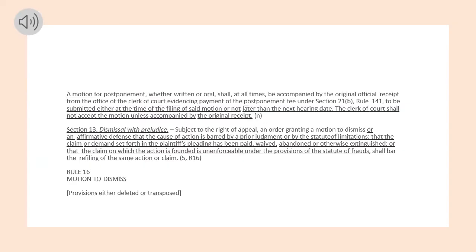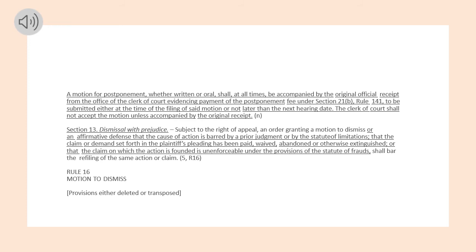A motion for postponement, whether written or oral, shall, at all times, be accompanied by the original official receipt from the office of the clerk of court evidencing payment of the postponement fee under Section 21(b), Rule 141, to be submitted either at the time of the filing of said motion or not later than the next hearing date. The clerk of court shall not accept the motion unless accompanied by the original receipt.